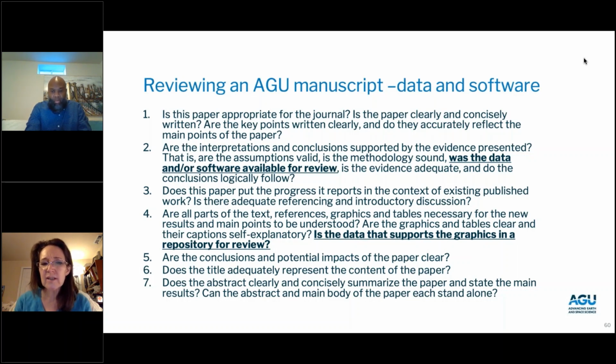What's important here is that you don't want someone looking at that visualization guessing what those data points are. You really want to provide them, and that's one of the questions being asked here in number 4: is there data that supports all of the graphics?